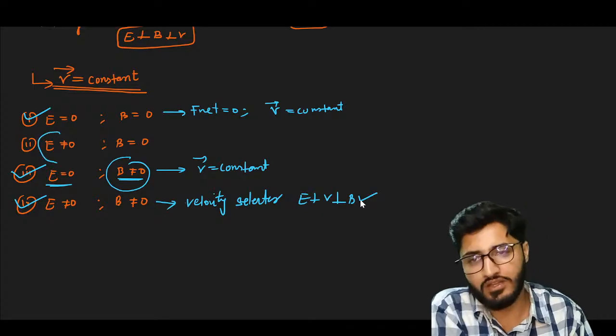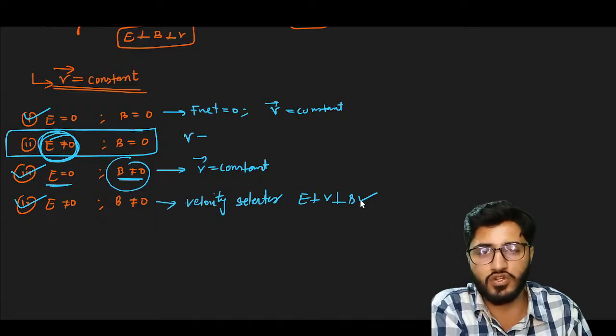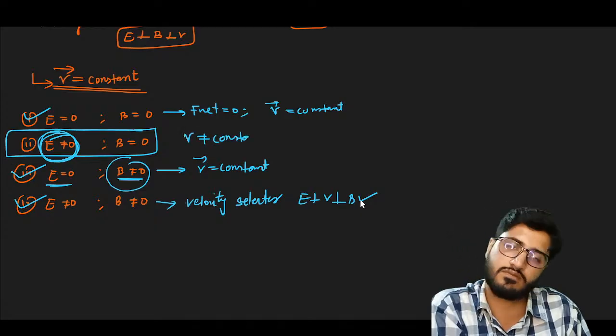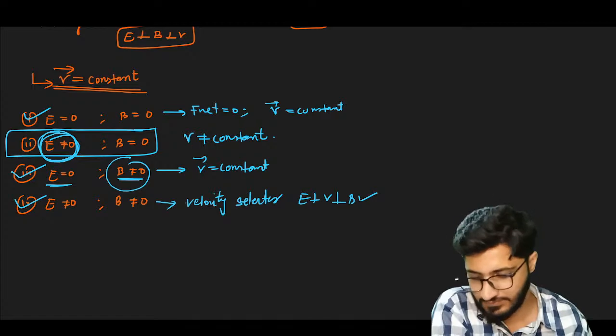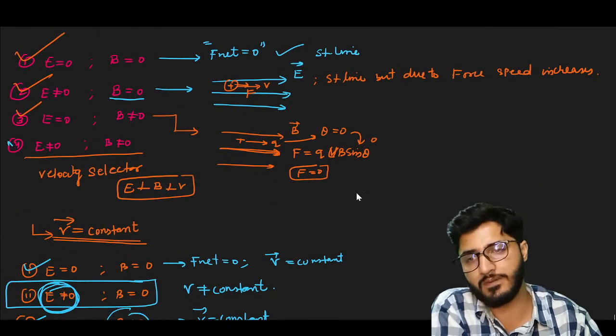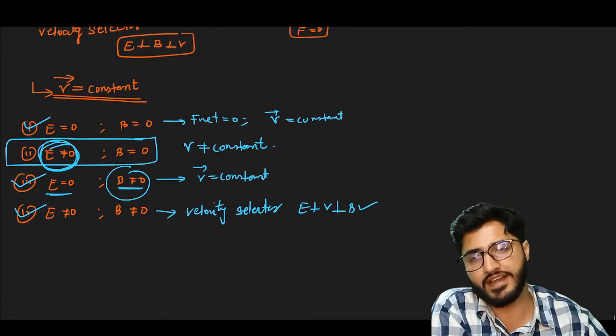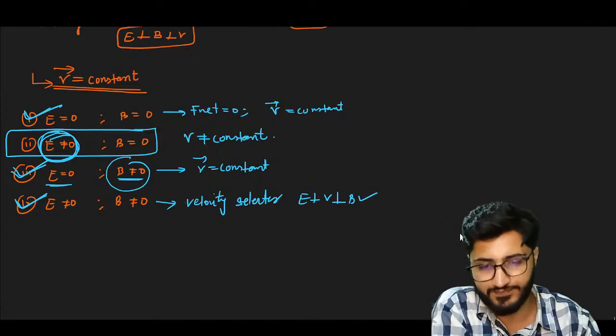But here you can see electric field is not 0, so in this case velocity is not constant. So in the upper case, all these cases are correct. But in the second one, only first, third, fourth are correct.